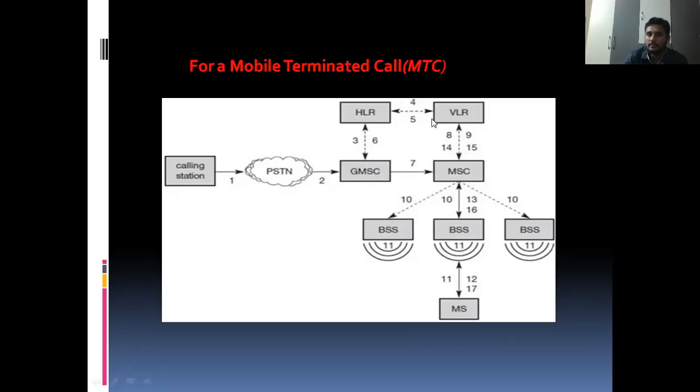From there onwards, it moves to the MSC, the mobile switching center. So this is the main center. From the main center, we connect to sub centers, that is the BSS. By using this BSS, we connect to the MS. So in total 17 steps are here, from sender to receiver.